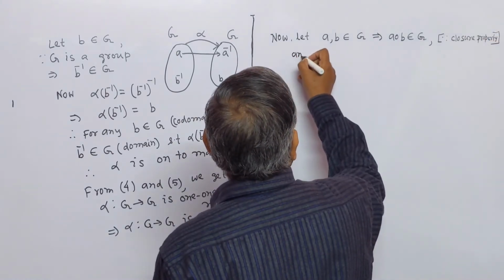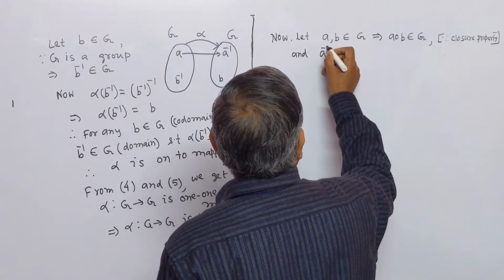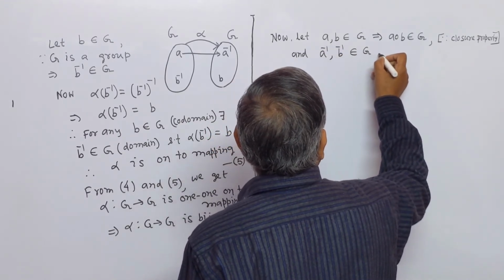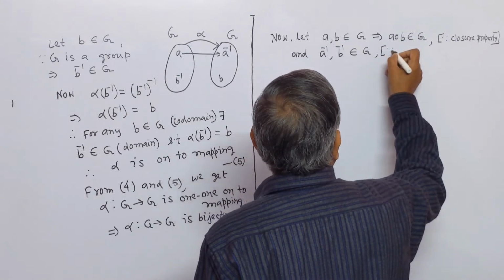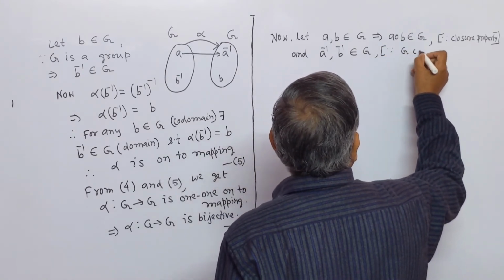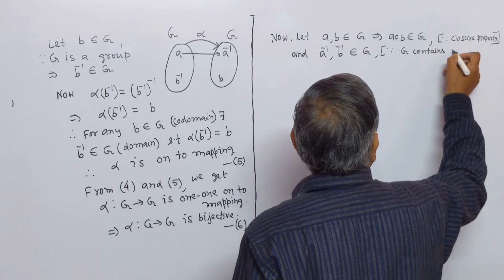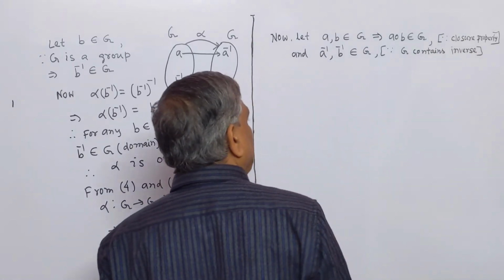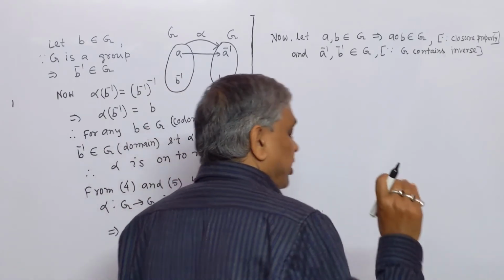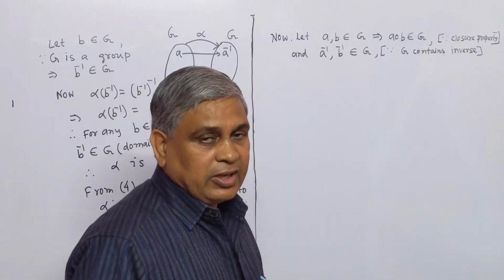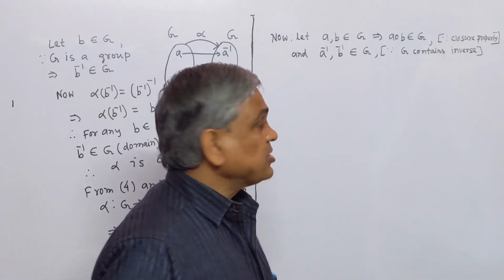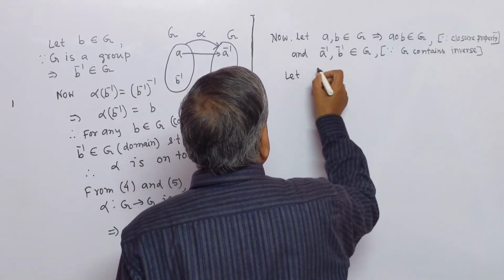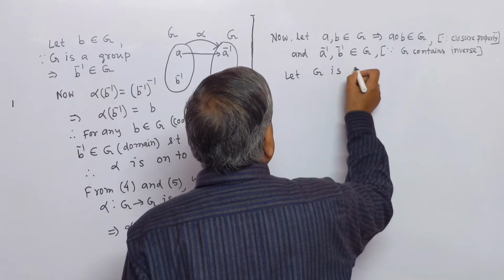And A inverse, B inverse belong to G since G contains inverses. G is a group, so for each element in G there exists an inverse. Let G be abelian.